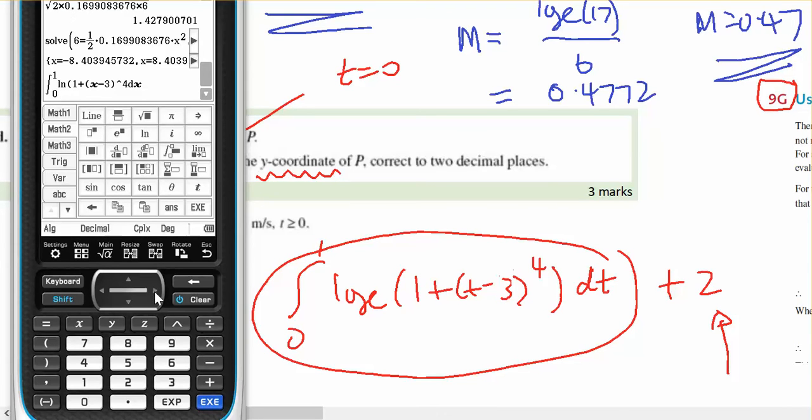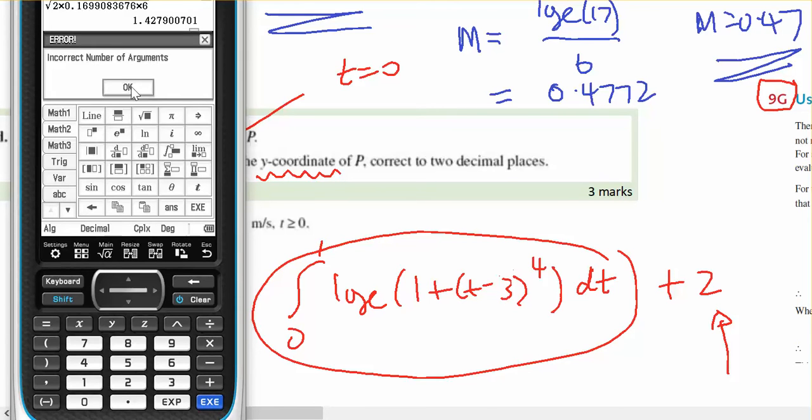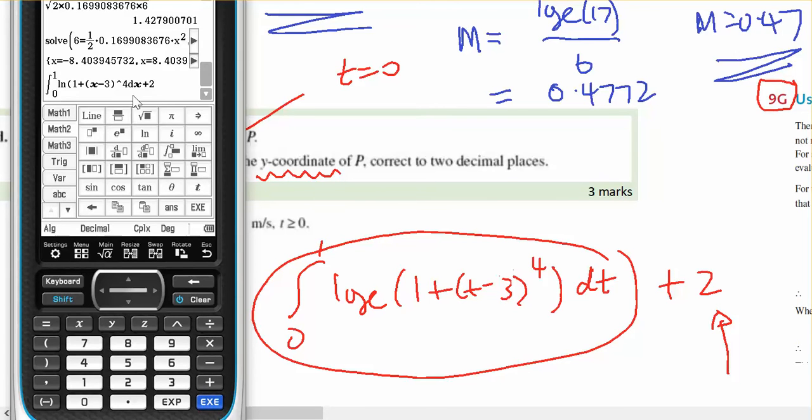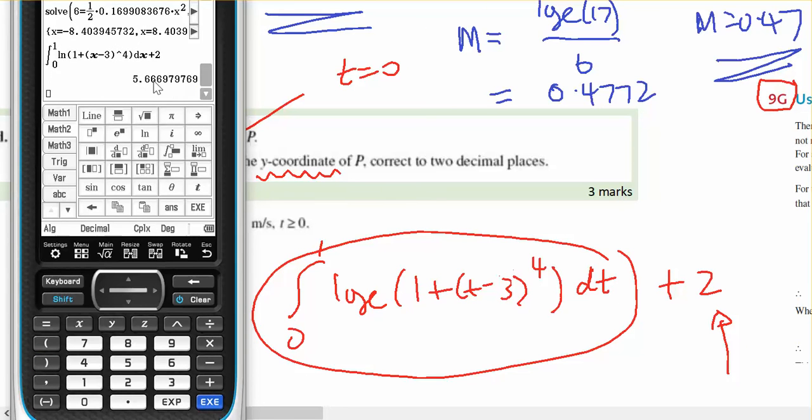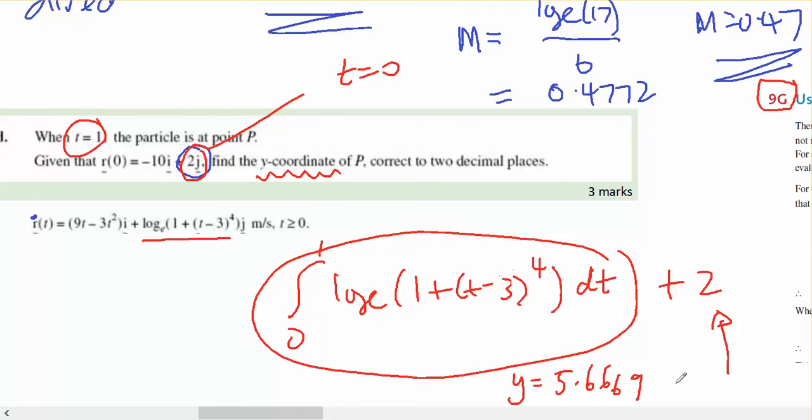So if you come across one, notice you now have a big flashing cursor. Now I can plus my 2, which is outside of the integral, and that gives me an answer of 5.6669. And to 2 decimal places, the y coordinate should be 5.67. And that's question number 2.